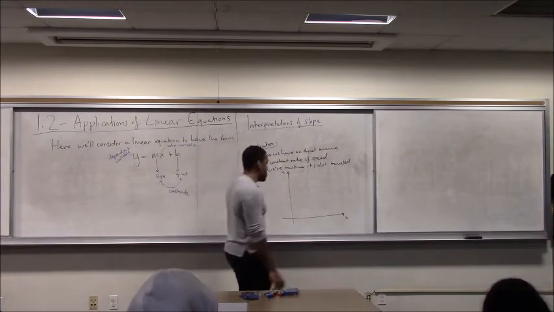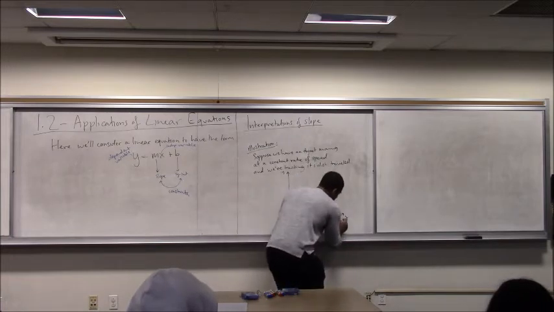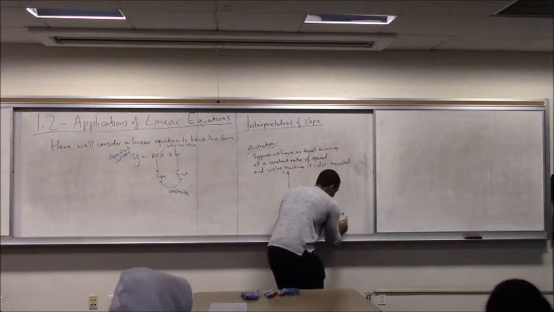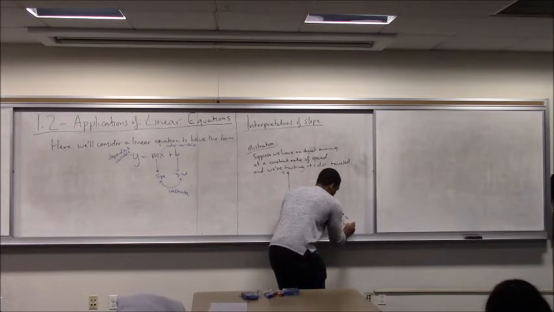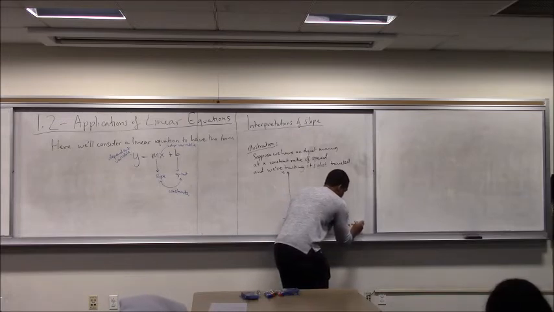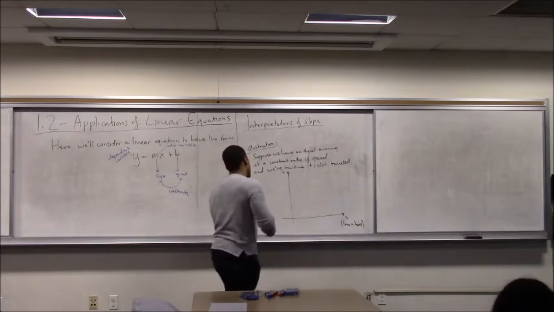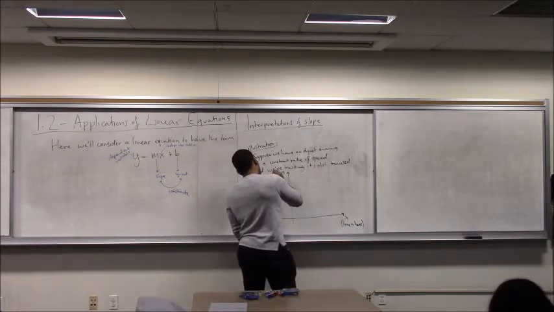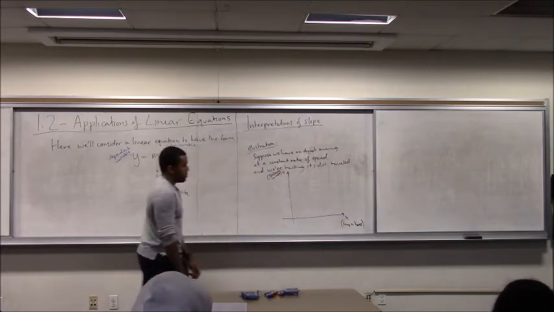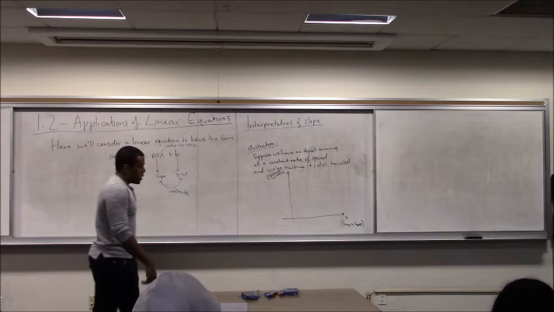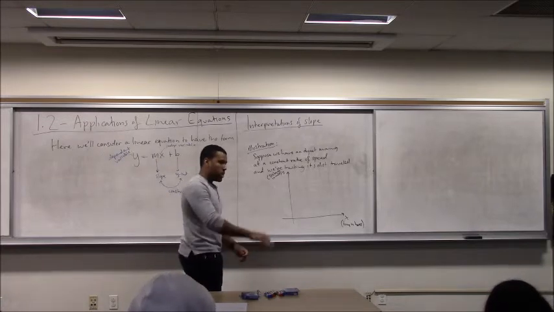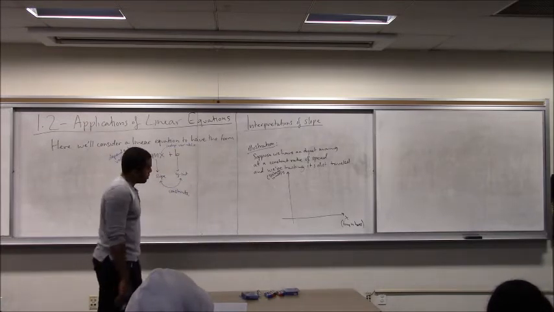So let's say I'm measuring how far this object is traveling in regards to time in hours. And I'm tracking its distance in miles. Okay. So I'm tracking this object, it just keeps moving, it's not really speeding up or slowing down, it's just moving at a constant rate of speed.